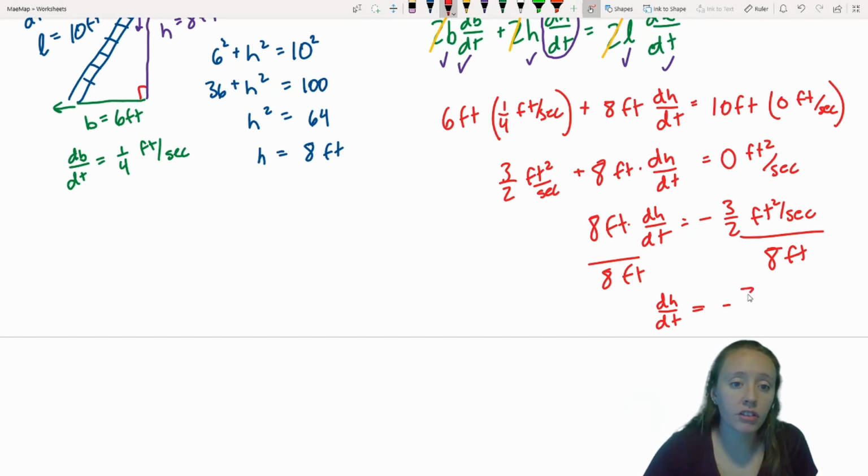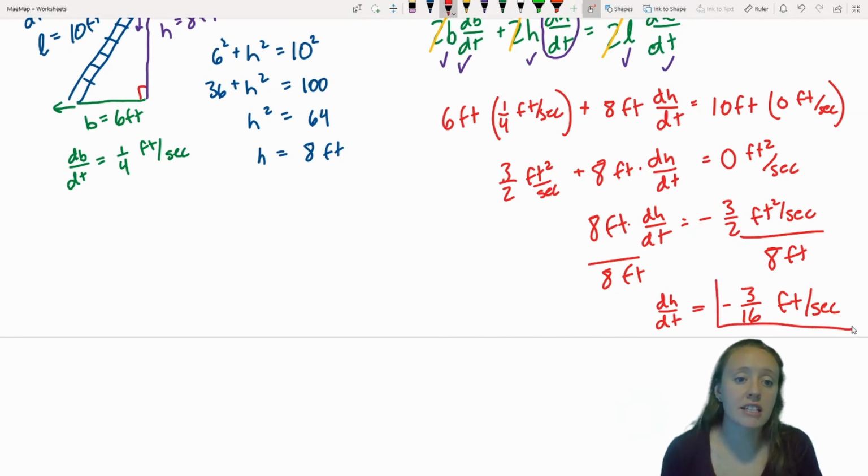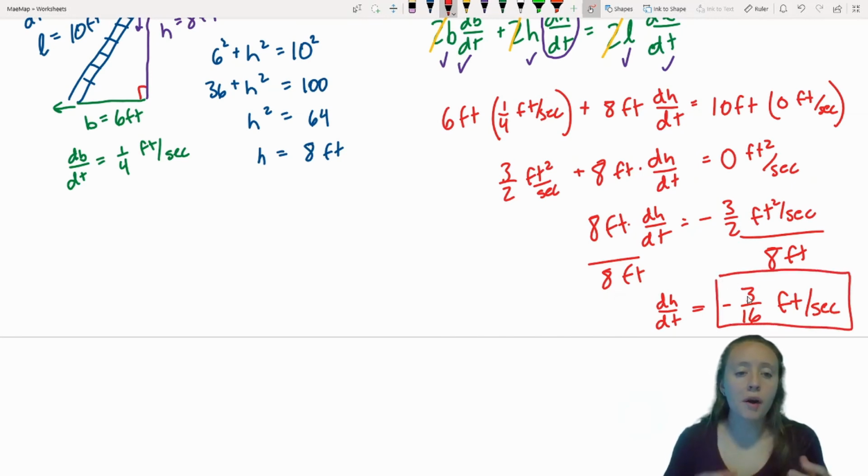So negative 3/16 feet per second. That's how fast the ladder is slipping down the wall. So about 2¼ inches per second that ladder is slipping.